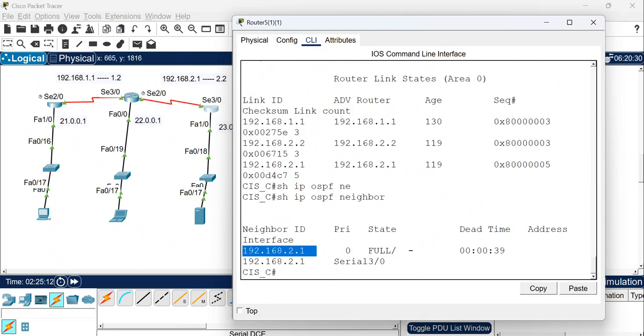Clear? And the state. We have some states available in OSPF: exstart, init, full.